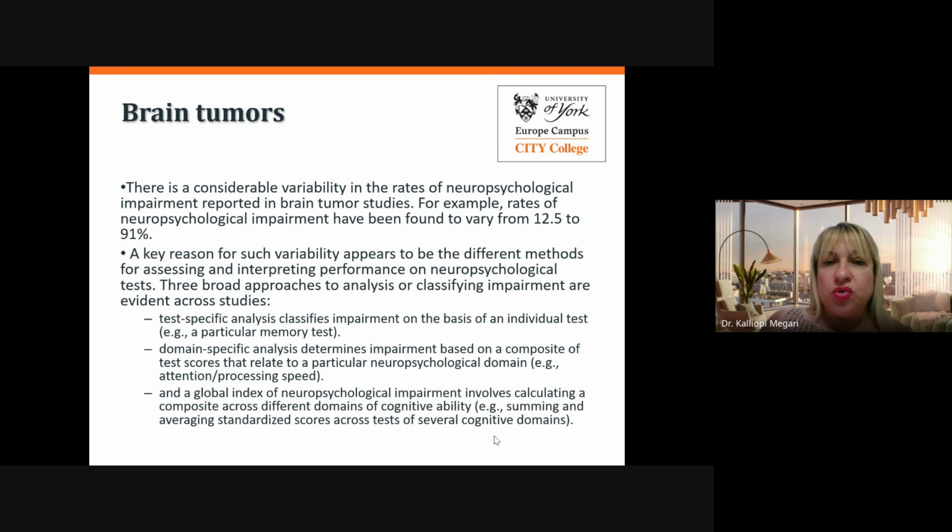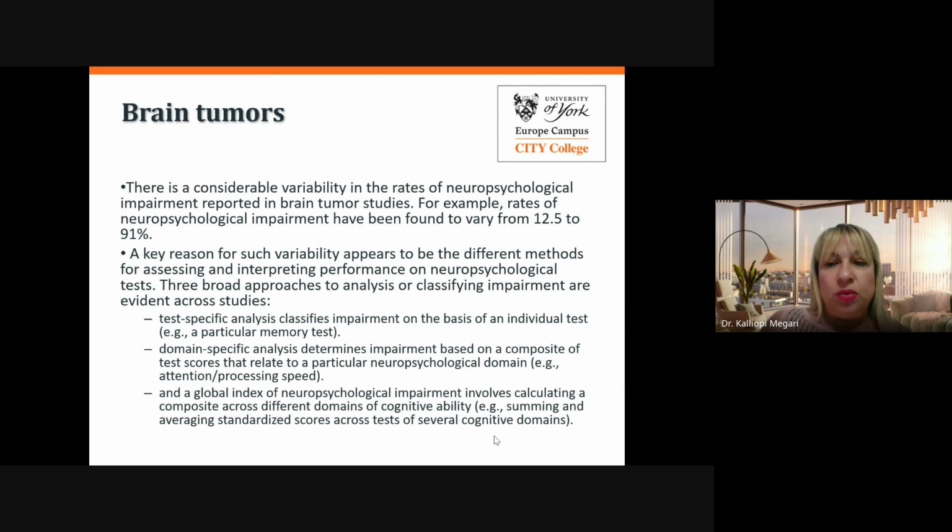Three broad approaches to analyzing or classifying impairment are evident across studies. The test-specific analysis classifies impairment on the basis of an individual test. For example, we have a particular memory test. The domain-specific analysis determines impairment based on the composite of test scores that relate to a particular neuropsychological domain.